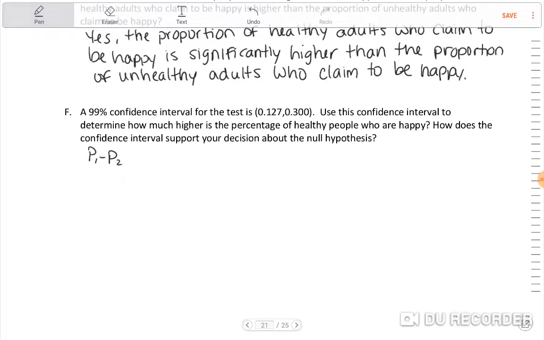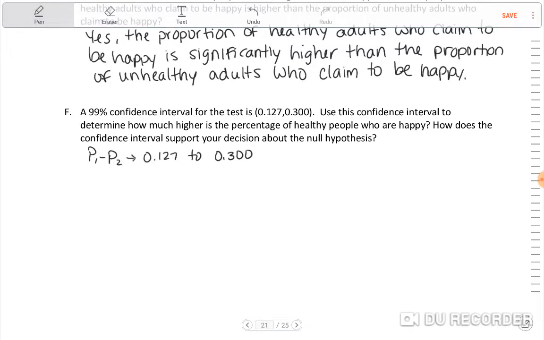Proportion 1 is my healthy people, so we're saying healthy minus unhealthy. This is how much higher the percentage is. So it's anywhere from 0.127 to 0.300.